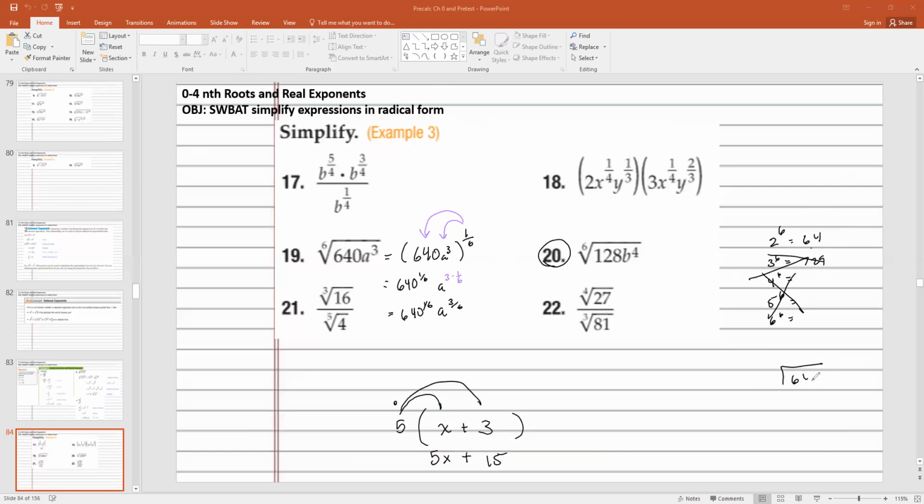So 640 divided by 64. 64 goes into 64 once, and then bring down the 0, you get a 0 here.